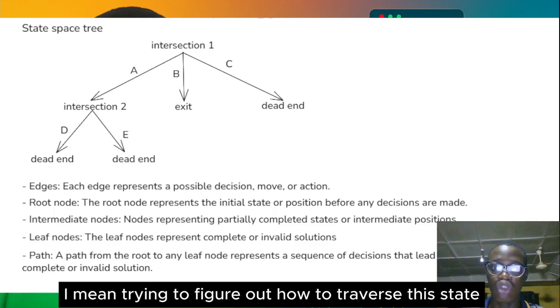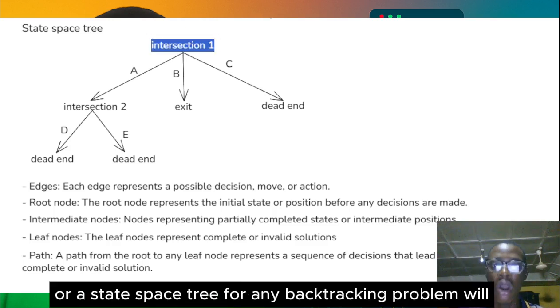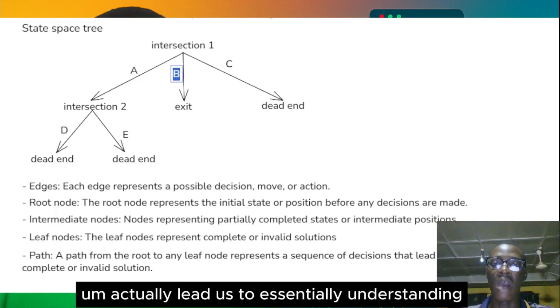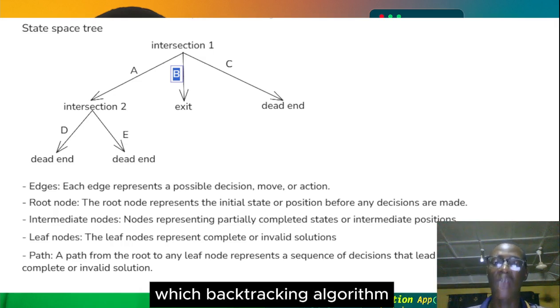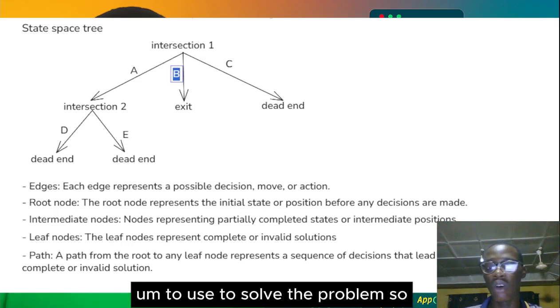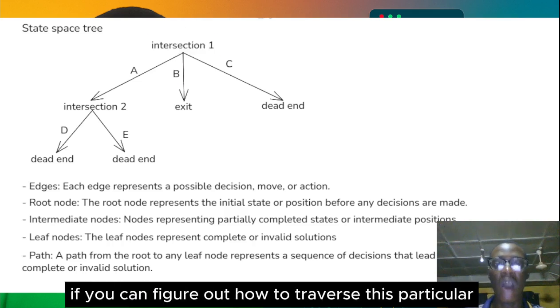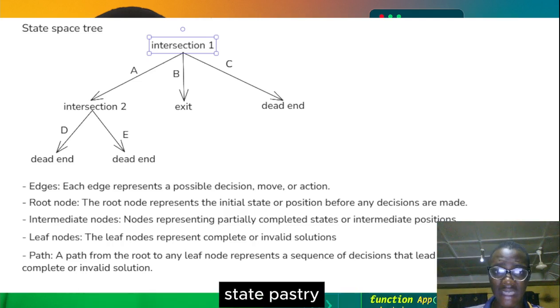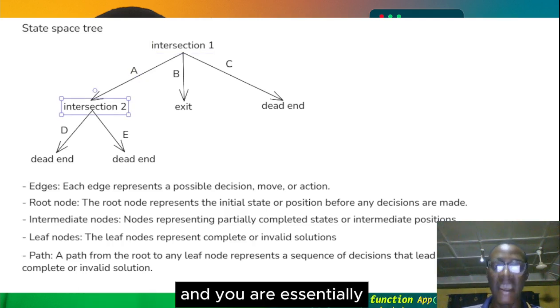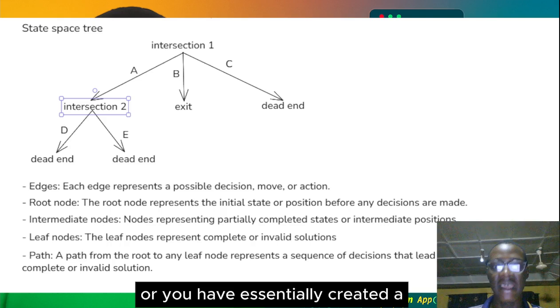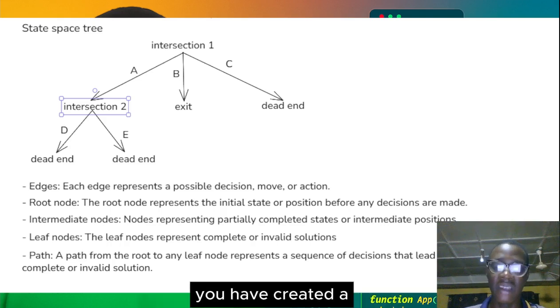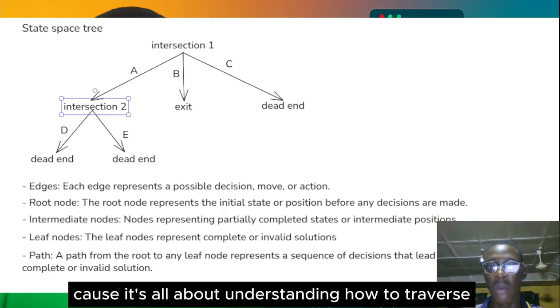Trying to figure out how to traverse the state space tree for any backtracking problem will lead us to understanding which backtracking algorithm to use to solve the problem. That simply means that if you can figure out how to traverse this particular state space tree, then you have essentially, logically, created a backtracking algorithm to solve this problem, because it's all about understanding how to traverse this tree.